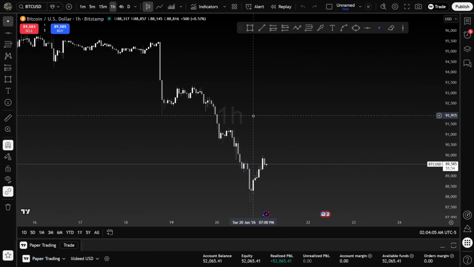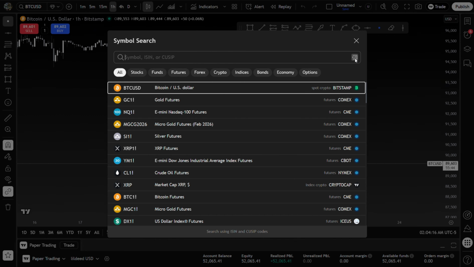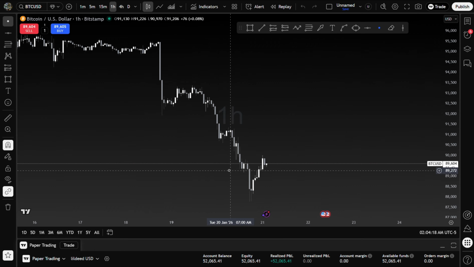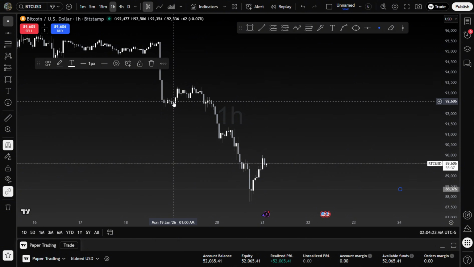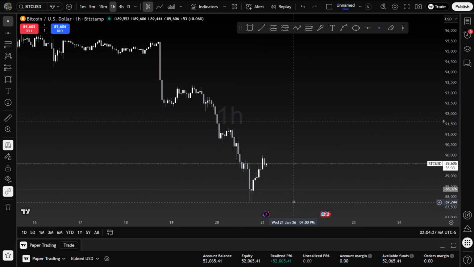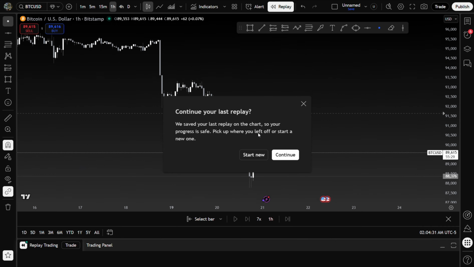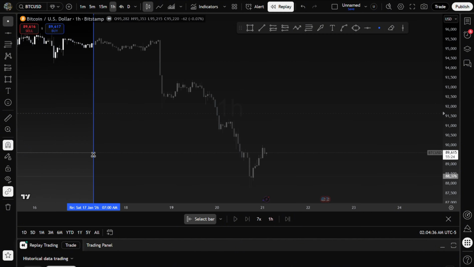So to recap, the most important things to learn as a beginner on TradingView are how to find markets at the top here, how to read charts, how to draw basic levels, how to set alerts, how to use the replay tool, and how to connect your broker.